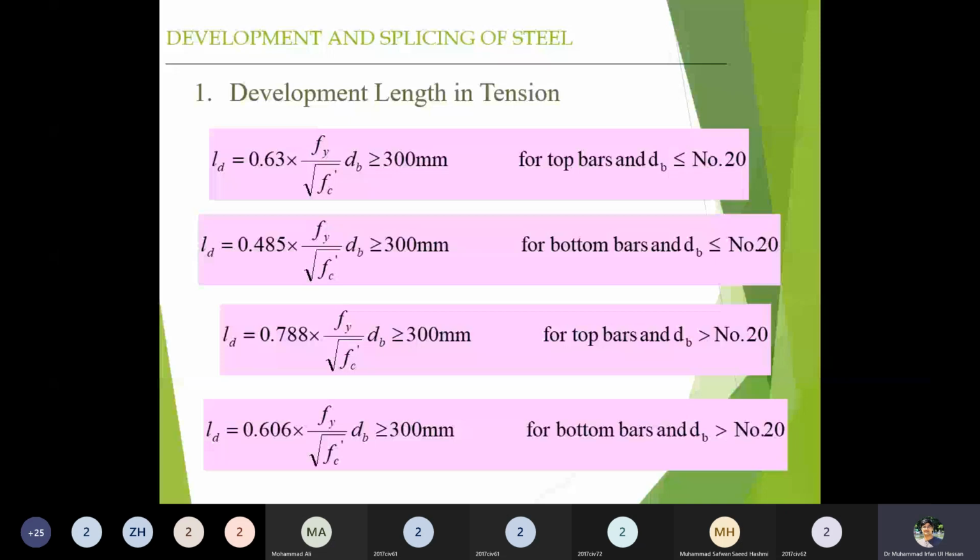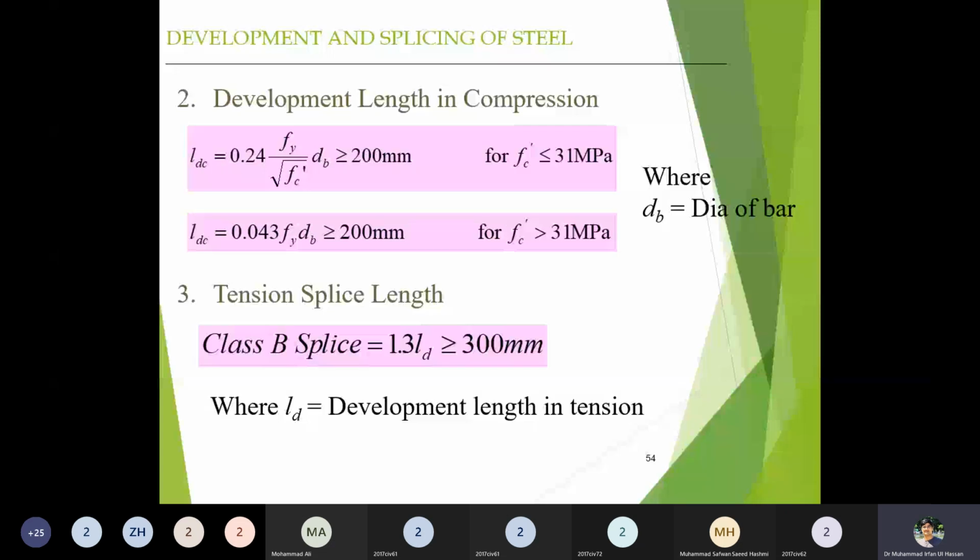So you can compute this using these relevant expressions. Similarly, you will use the development length in compression. You will use the formula with Fy, fc' and db for the development length in compression, when the bars are in compression. And for the tension splice length, you have to splice the footing steel with the column steel, so this splice length will also be used.